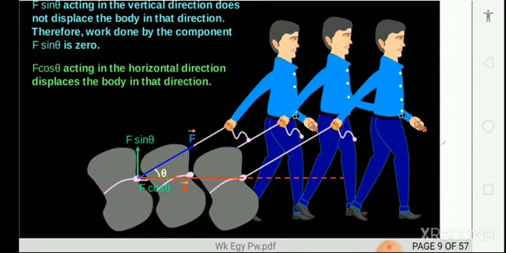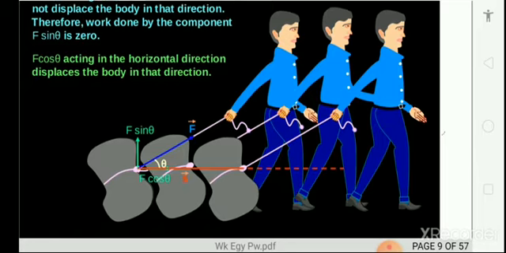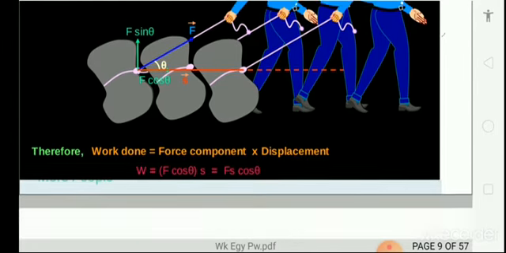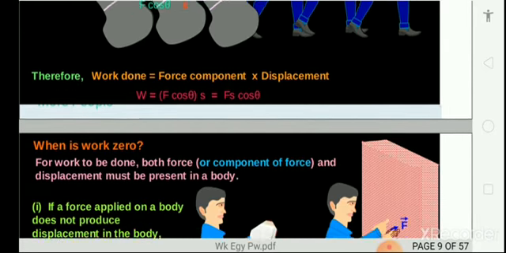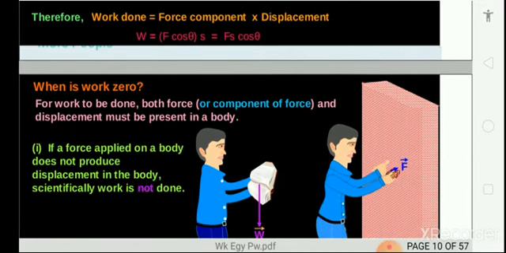You can see a man pushing or pulling an object. Here both F cos theta and F sin theta are applied, but the object is not moving up, it is moving forward, because the displacement is in the direction of the force component. Therefore work done is equal to the force component times displacement, that is F cos theta times s in this case.